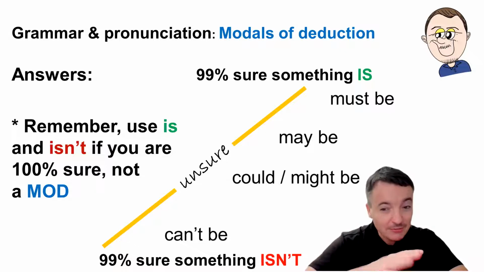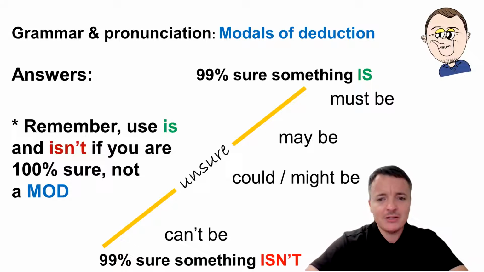Still 1% don't know, but 99% must be. Okay, a little more unsure, maybe. More unsure, could be, or might be. And then 99% sure something isn't. Can't be.